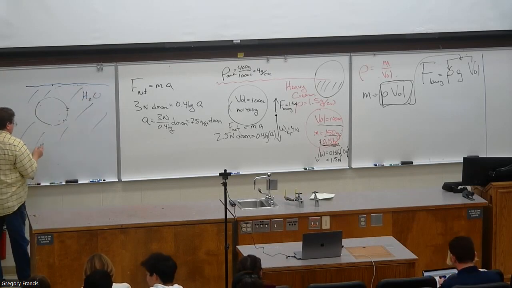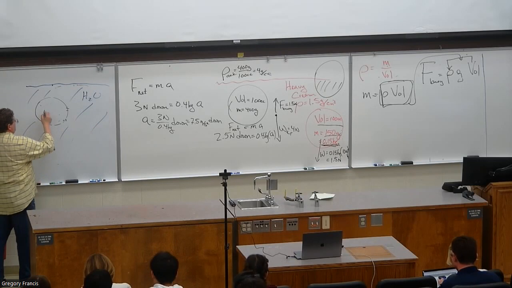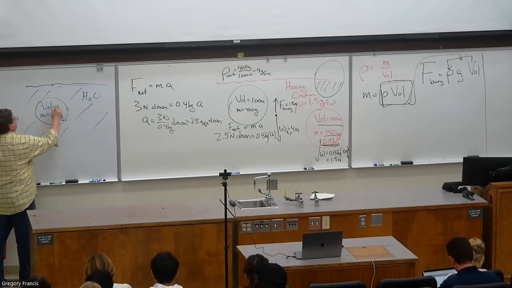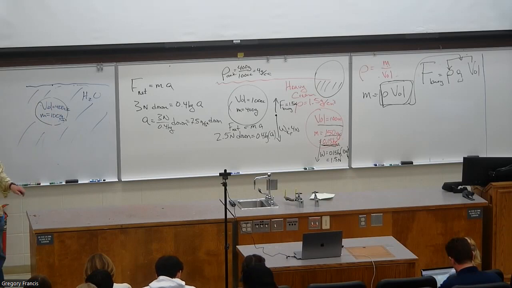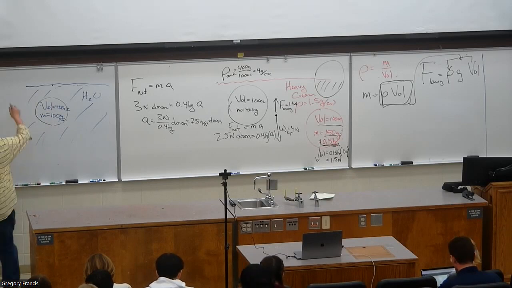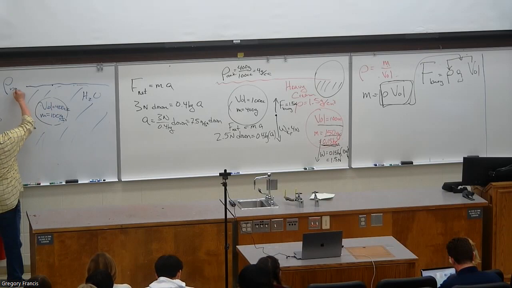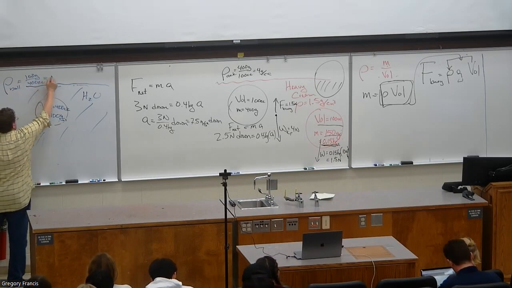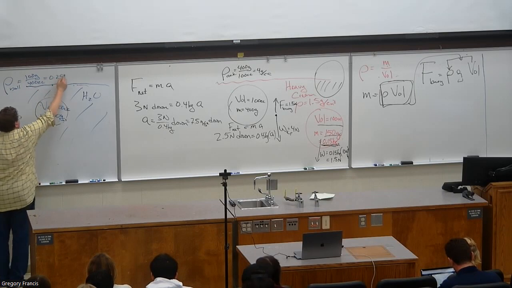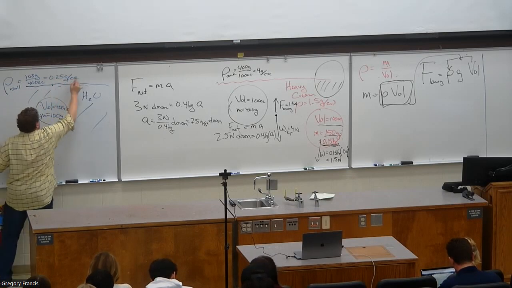But this time I'm gonna turn things around so that the mass is 100 grams and the volume is 400 cc. Now, if I look at the density of that ball, I have mass over volume. That's going to be 0.25 grams per cc.